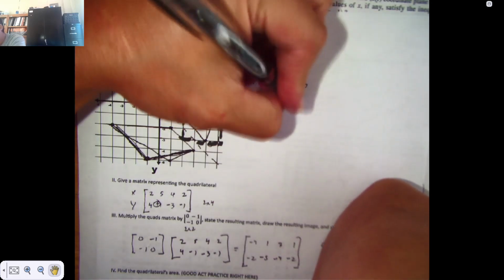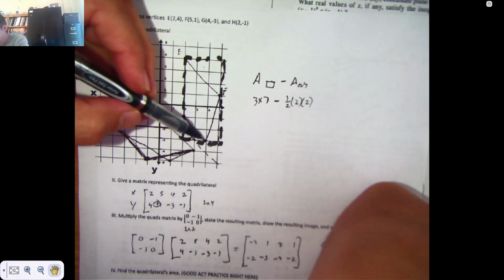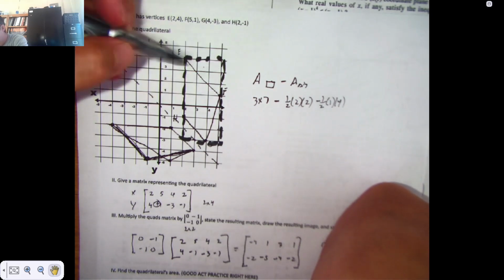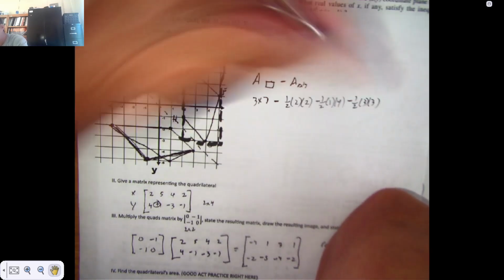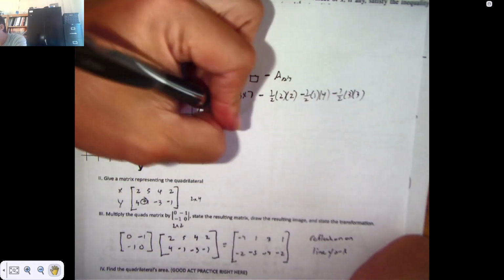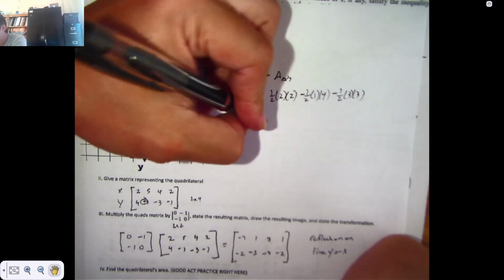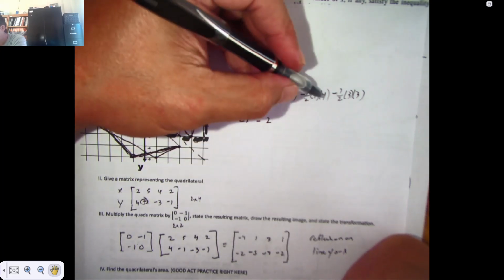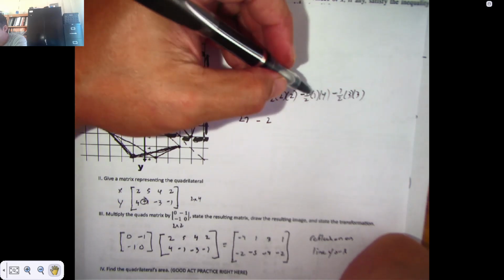This triangle is a 2 by 2, looks like to me. So take away 1/2 of a 2 by 2. This triangle is a 1 by 4. Take away half of a 1 by 4. And take away half of a triangle that's 3 by 3. So that's kind of an interesting problem. 3 times 7 is 21. Half of 2 is 1 times 2 is 2. Half of 4 is 2.